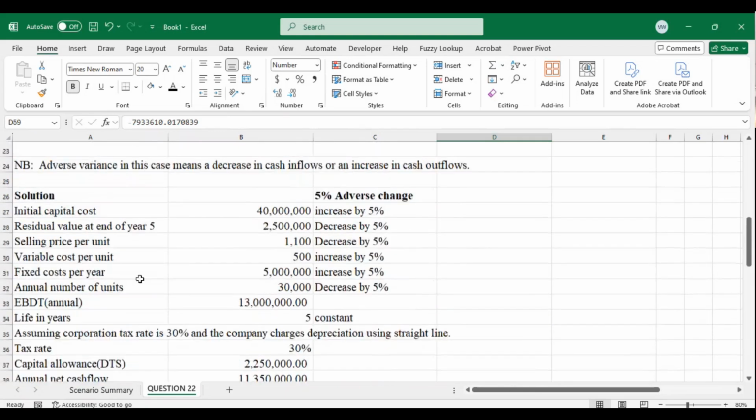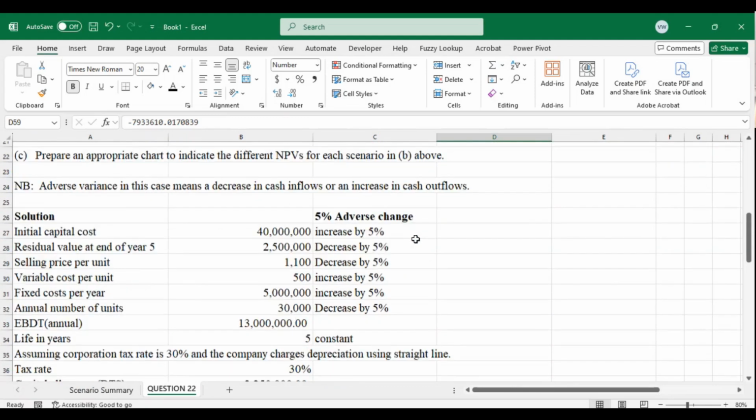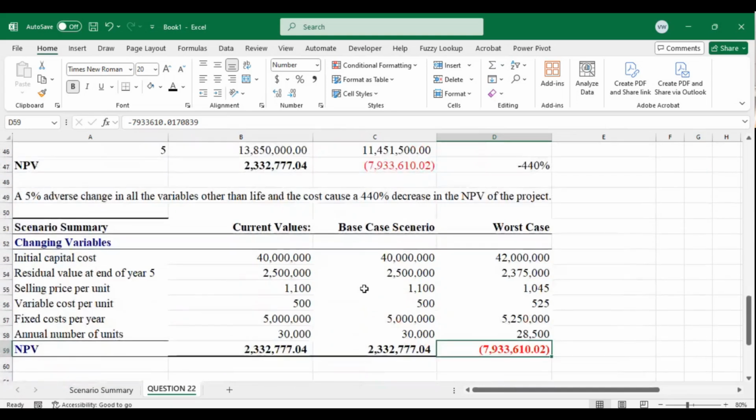The question wants us now to prepare an appropriate chart to indicate the different NPVs for each scenario. So now that we have the NPVs for the best case and the different scenarios, I can highlight the NPVs together with the headers of my scenario so that it can capture them.